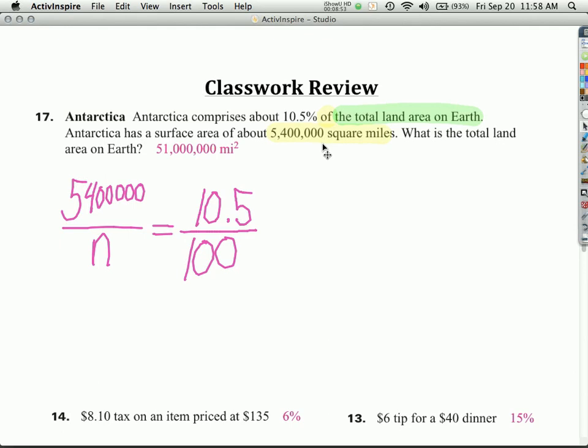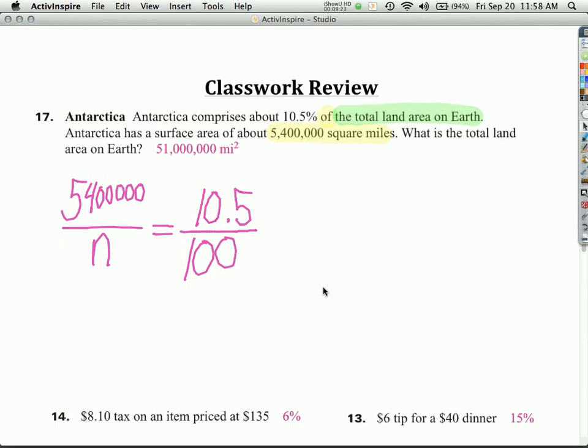Is your number smaller or larger? Okay, so if this is a piece of the whole, could the whole be smaller than it? No, it had to be bigger. So if you had reflected, and I'm not saying you did anything wrong, I'm saying this is common with young people, is you got to look at the question and see if your answer makes sense. So this is the only way to set it up so that it works. Okay?